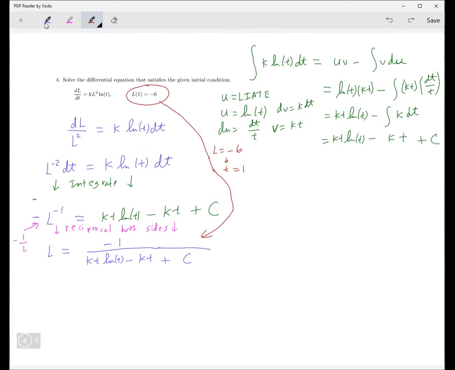So this becomes negative 6 equals negative 1 over, and then T is 1, so I put a 1 in here: K times 1 times log of 1 minus K times 1 plus C. The negatives are going to reduce. Now, log of 1 is 0. That goes away.